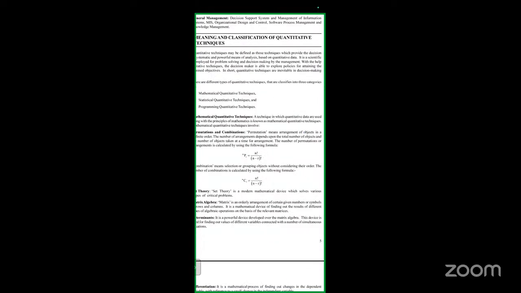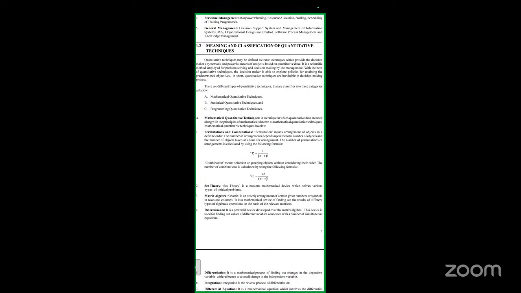So what is meant by mathematical quantitative techniques? Those in which quantitative data are used along with the principles of mathematics are known as mathematical quantitative techniques. Whenever we use mathematics, it means linear algebra, LPP, and such problems.